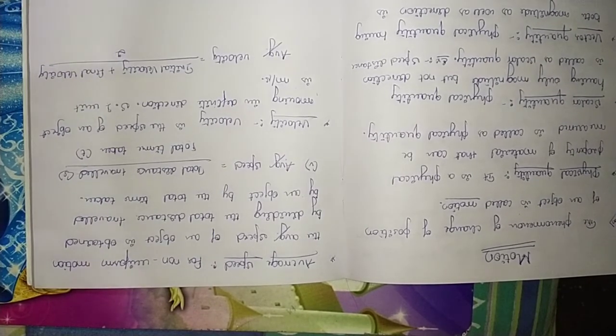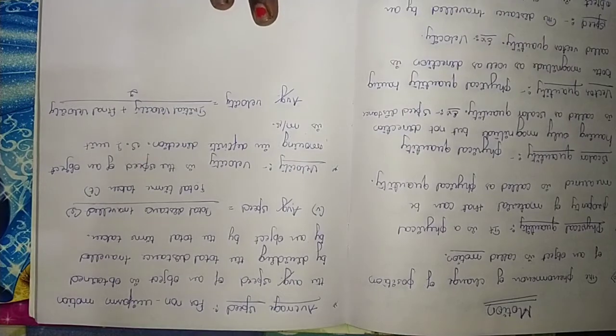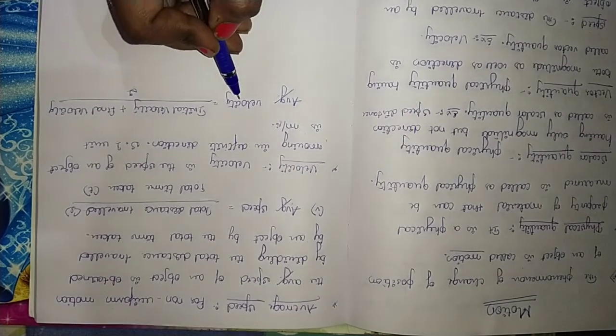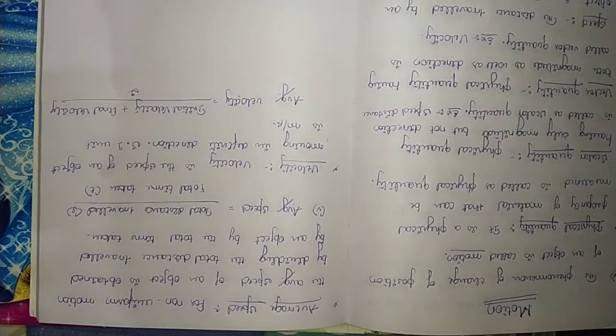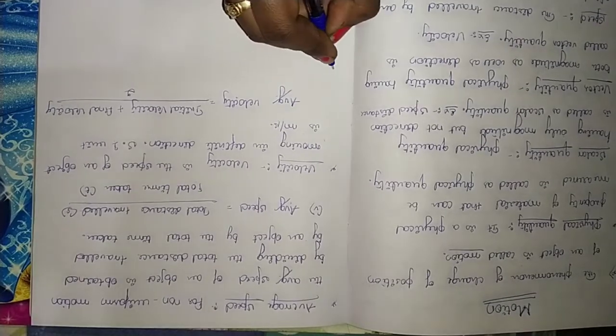If you do not remember the definition of velocity, writing average velocity is equal to initial velocity plus final velocity divided by 2, you will get the marks. Okay, this is velocity.